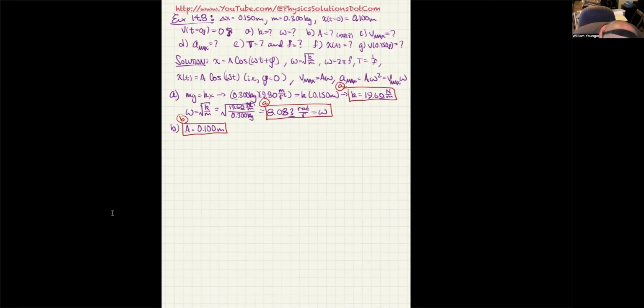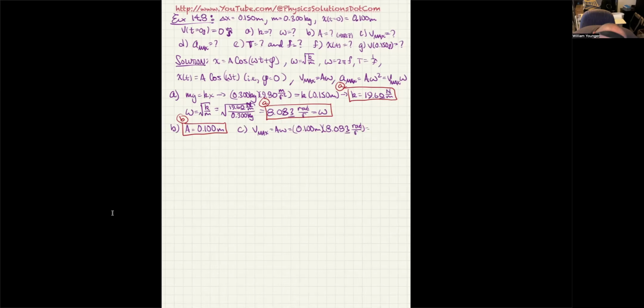And now we can do part C. Part C is Vmax. Vmax is equal to A omega. That's going to be 0.100 meters times the omega, which is 8.083 radians per second.